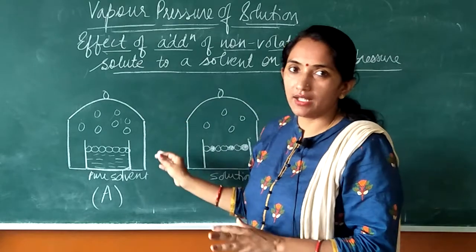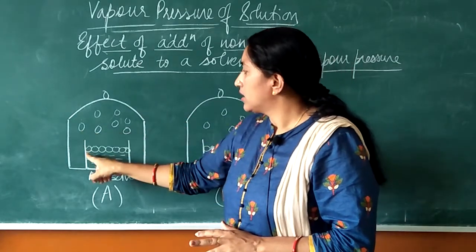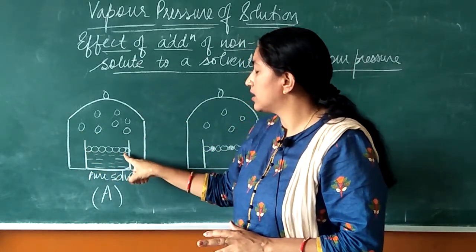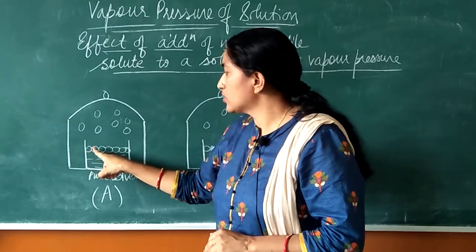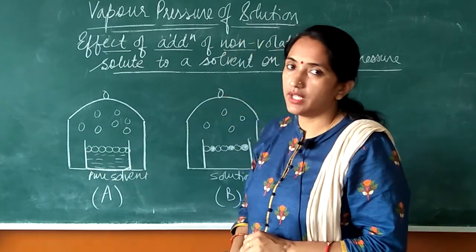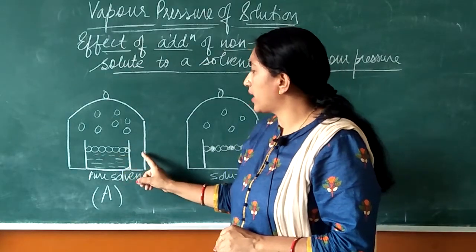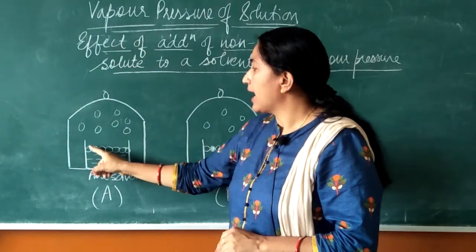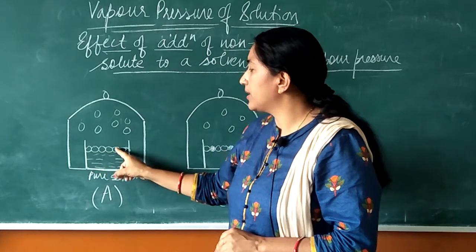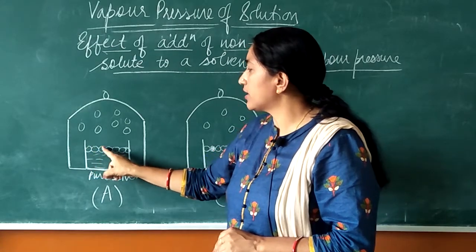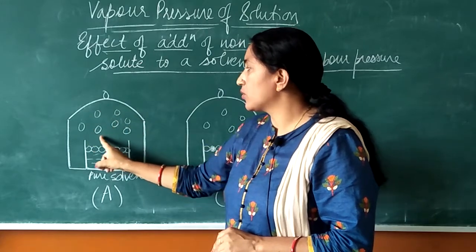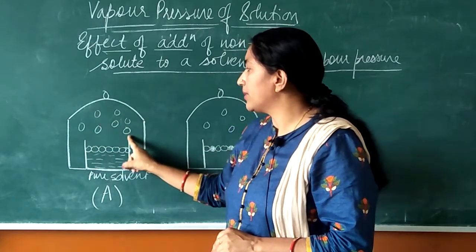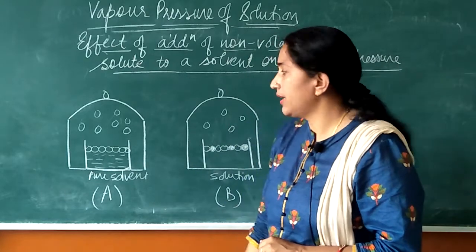The surface of this solvent is occupied by pure solvent molecules. When they absorb heat from the surroundings, these molecules on the surface escape and form the vapor. So you can see the vapors being formed.